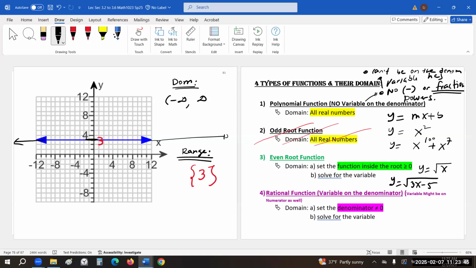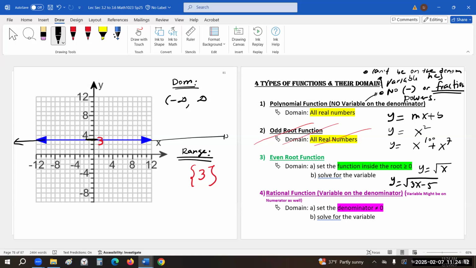Without doing any math. So in order to find domain for any even root function, we start by the condition. In order to plug in anything inside the square root, that inside function has to be bigger than or equal 0. For example, here, our inside function is only the x. It has to be bigger than or equal 0.